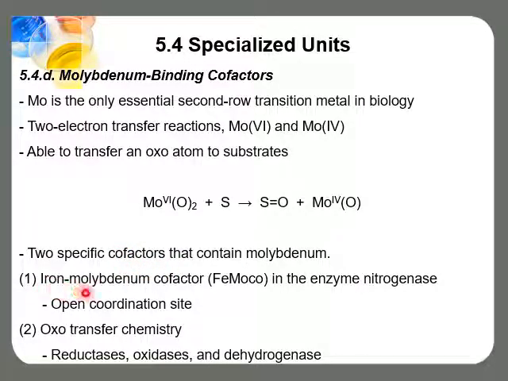There exists an iron-molybdenum cofactor, and this is found in the enzyme nitrogenase. Here, the nitrogenase protein contains both iron and molybdenum as metal centers. And another cofactor containing molybdenum is for oxo-transfer chemistry, like reductase, oxidase, and dehydrogenase.